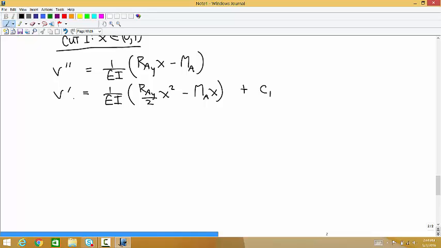And now integrate that again. And you get that V is equal to 1 over EI times RAY over 6 times x to the third minus MAX squared over 2 plus C1x plus C2.